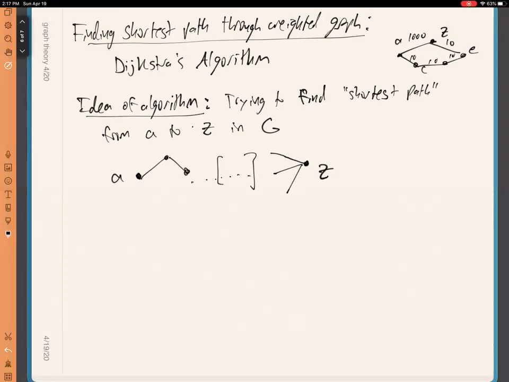But one thing that you do know is that, let's suppose I do have the shortest path. Let's suppose these three points, I'll call them x1, x2, and x3.